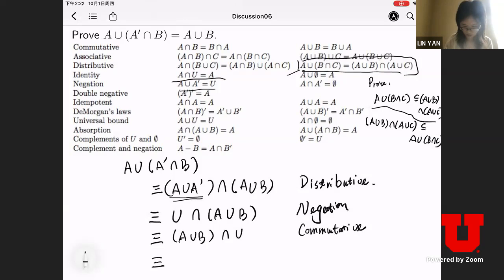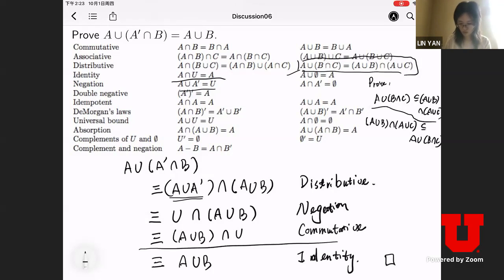Then it is equal to A union B by identity. So we are done with this question. So although this one is very simple, do not skip it. When the question asks you to prove it by the equivalence table, please do not skip any step. Any questions so far?